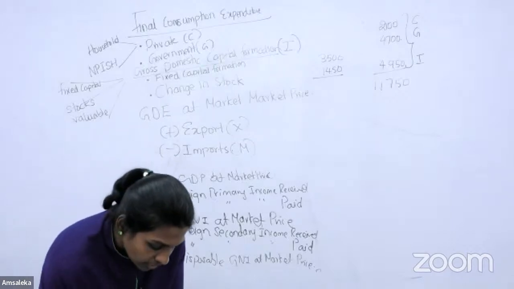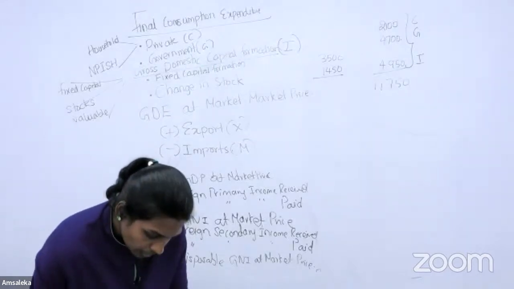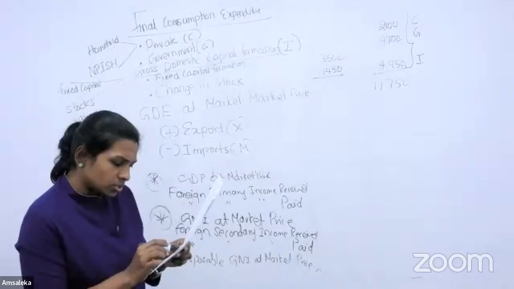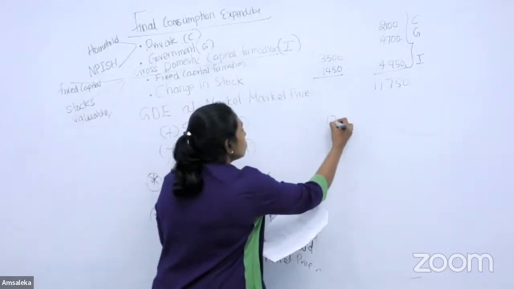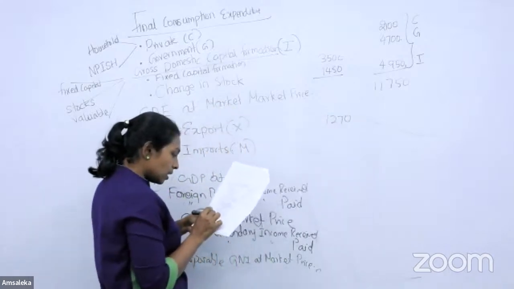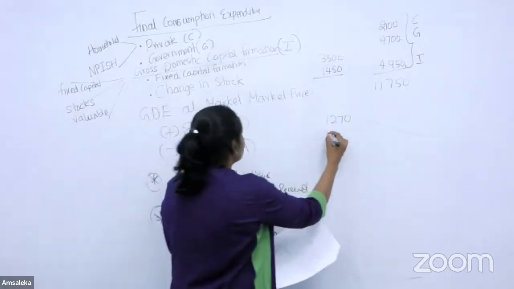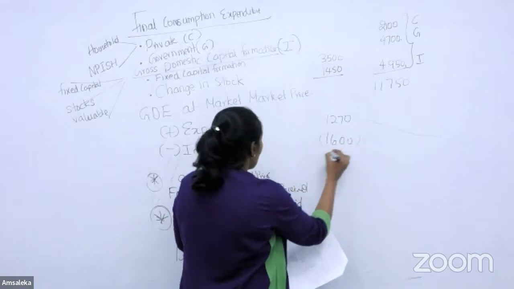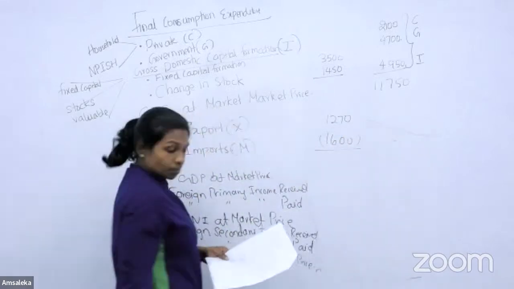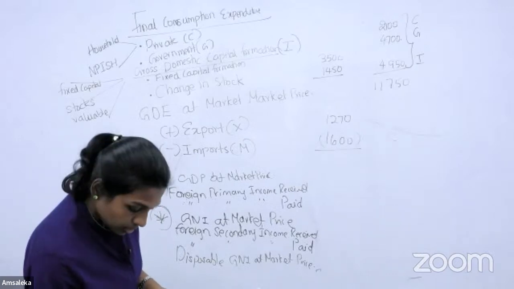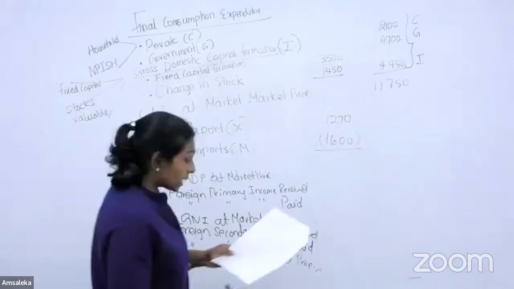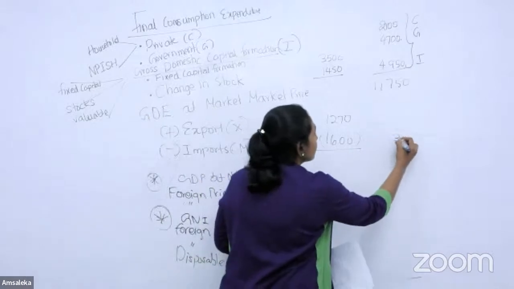Accordingly, export is given as 1,270. Import is given as 1,600. Now the net answer is minus: 1,270 minus 1,600 is minus 330, deducted.